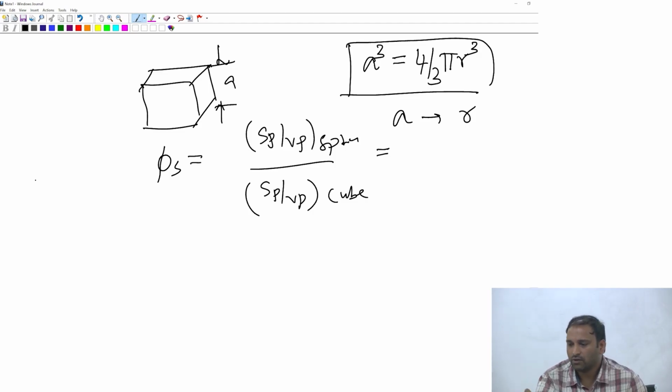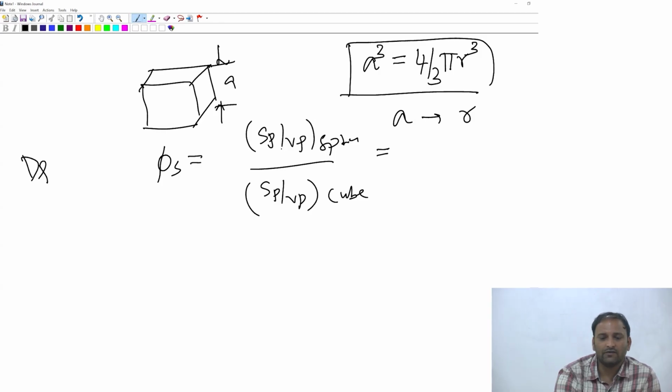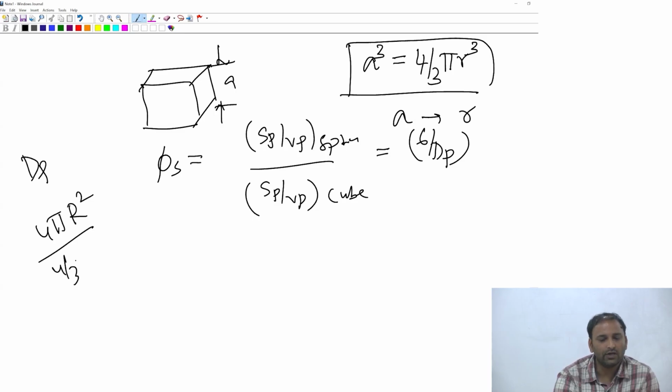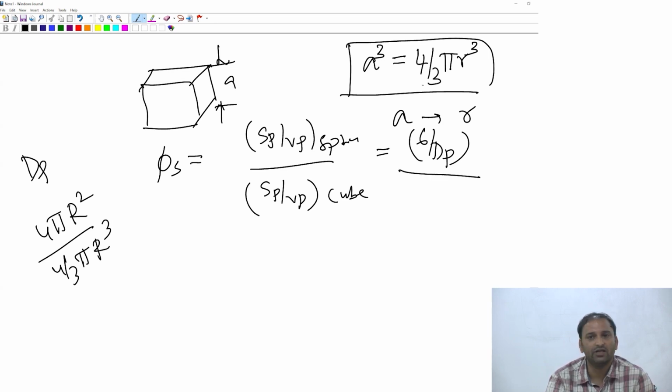So if you have a particle of size dp, the Sp by Vp of a spherical particle is 6 by dp. 4 pi r squared is the surface area and 4 by 3 pi r cubed is the volume. Therefore Sp by Vp of a sphere is going to be 6 by dp.